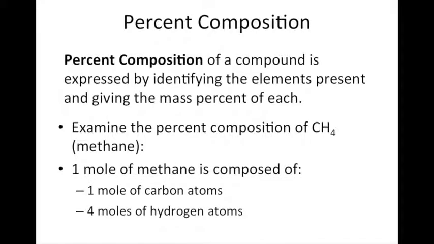1 mole of methane is composed of 1 mole of carbon atoms and 4 moles of hydrogen atoms. And we know this by looking at the chemical formula. So in order to express the percent composition, we need to express these moles as masses.